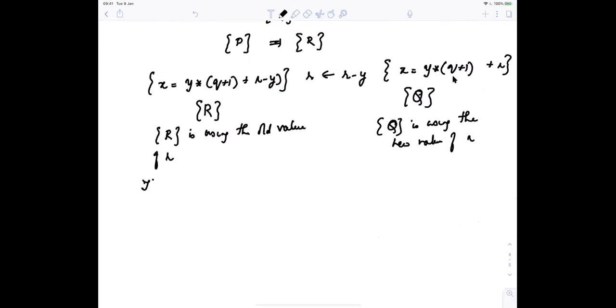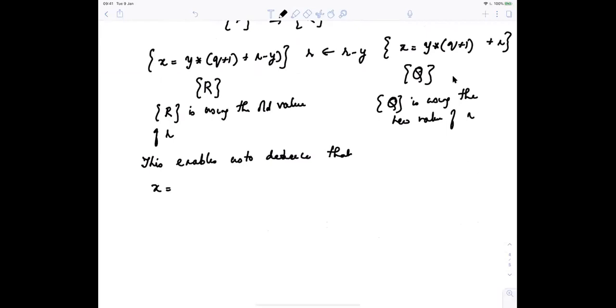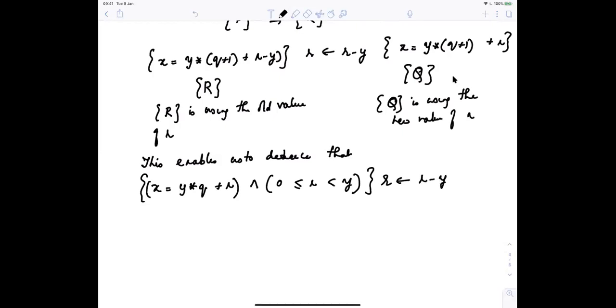So now we can safely conclude this. This enables us to deduce that x equal to y star q plus r and 0 less than or equal to r less than y, and the execution of the program r equals r minus y, this is P here, can lead to the postcondition.